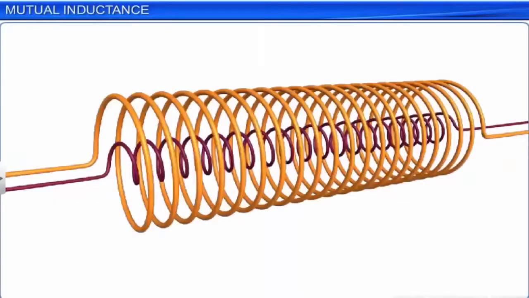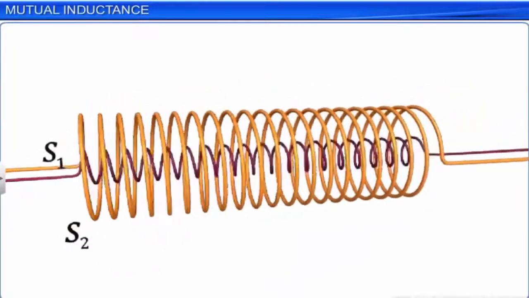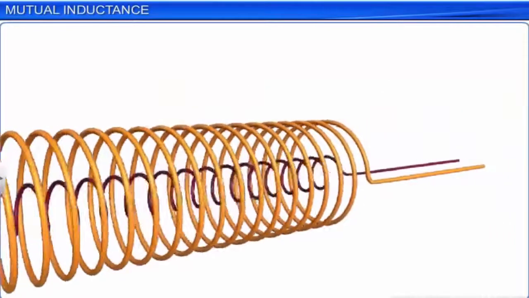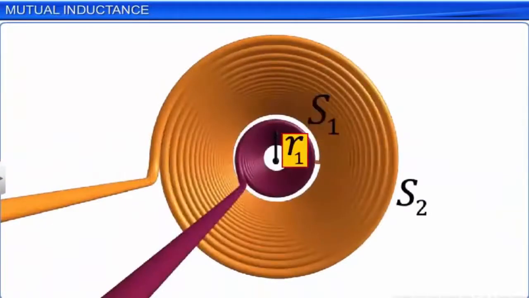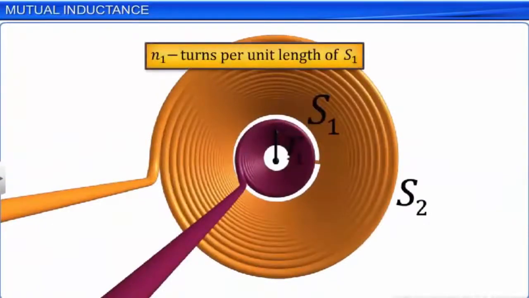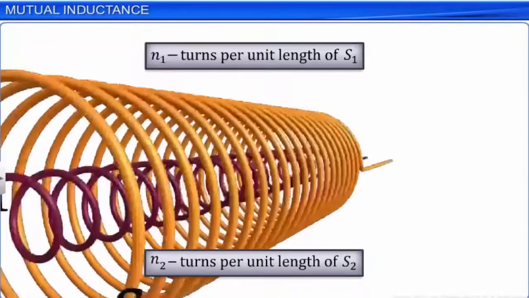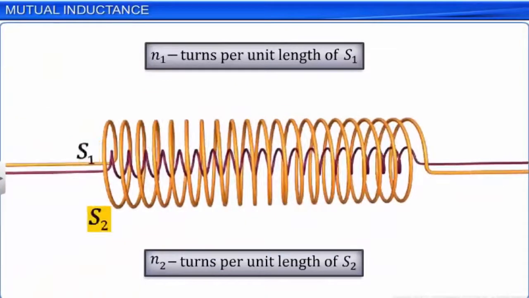Consider two coaxial solenoids S1 and S2 of length L. Let the radius of the inner solenoid S1 be R1 and the number of turns per unit length be n1. Let the radius of the outer solenoid S2 be R2 and the number of turns per unit length be n2. Let N1 and N2 be the total number of turns in coils S1 and S2.